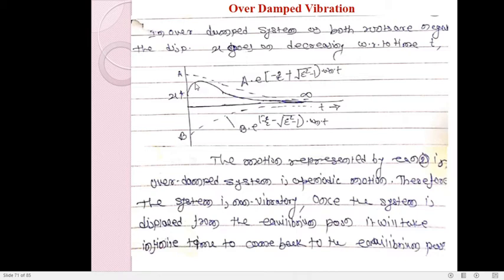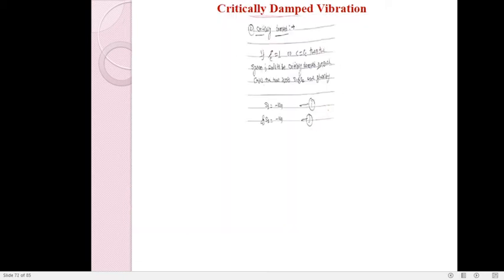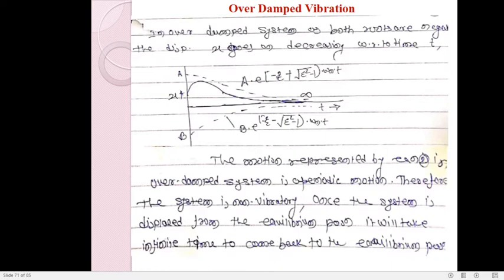So initially we give the displacement, it moves to the extreme position, and from there it starts returning toward the mean position, but as soon as it reaches nearer to the mean position, it will take infinite time to come back to exactly the mean position. This is what our overdamped system's displacement equation represents.